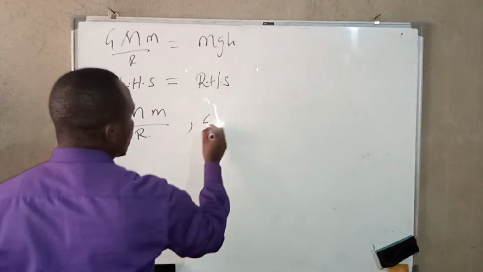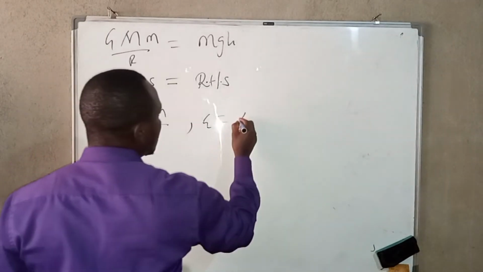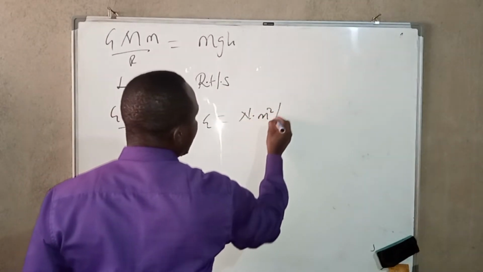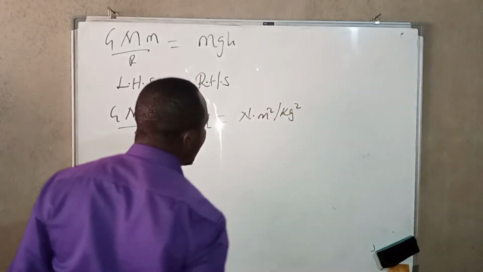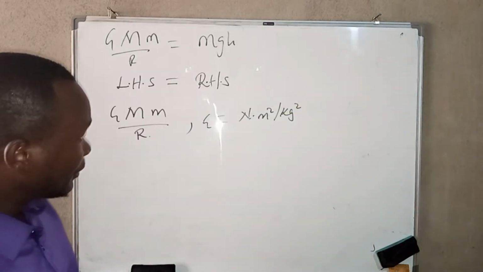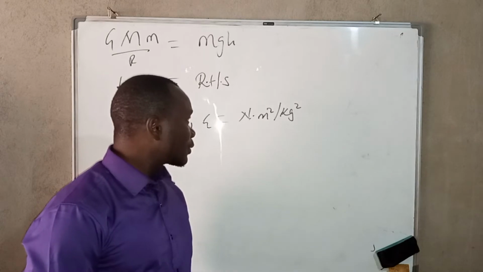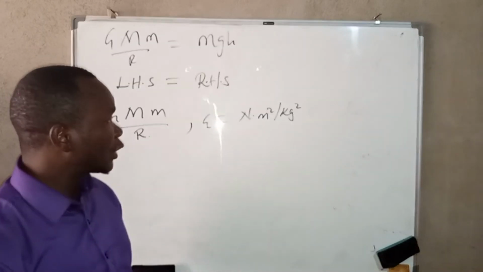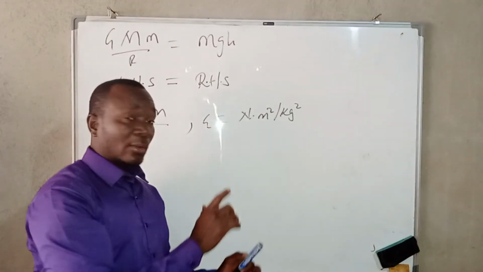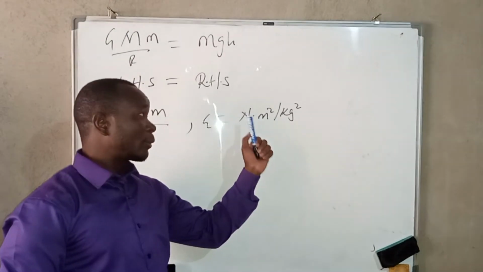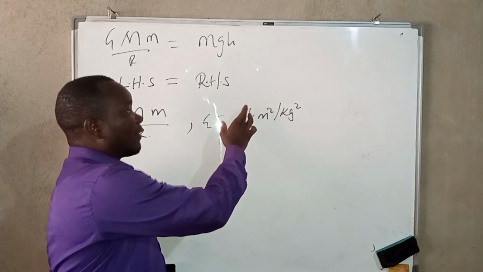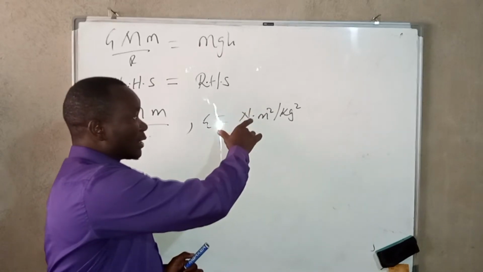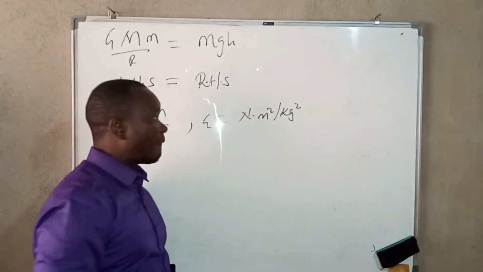But G, we have been taught, is equal to Newton meter squared per kg squared. And 1 Newton is the force that is produced when an object of mass 1 kg is given an acceleration of 1 meter per second squared. So Newton is a unit for force.